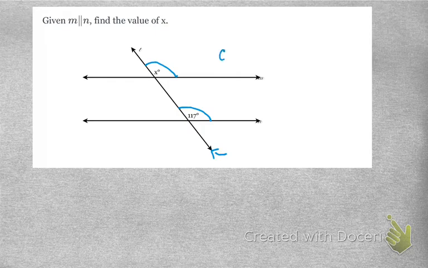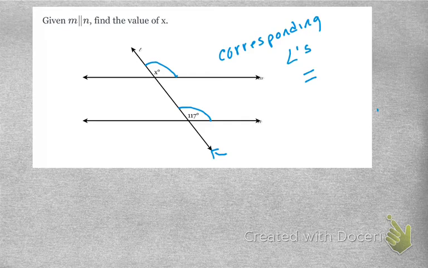I'm going to write it for you. Corresponding angles. And when you have corresponding angles with parallel lines, corresponding angles are equal, or what we call congruent. That's the fancy word. Corresponding angles are congruent.